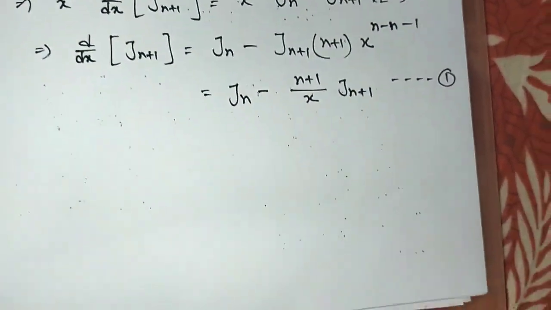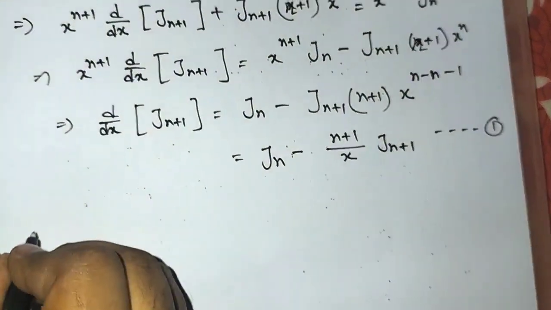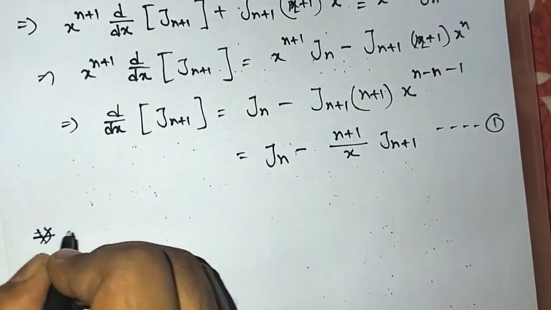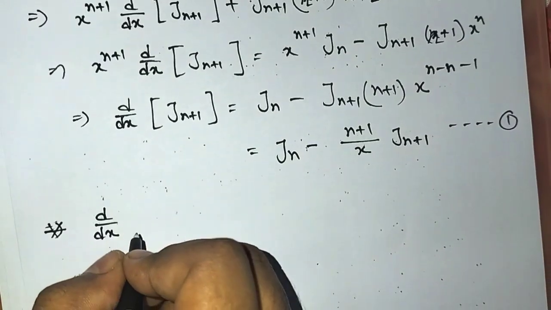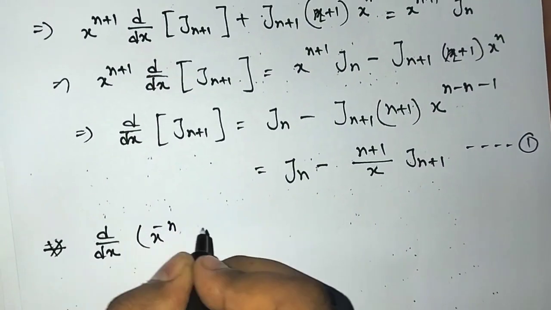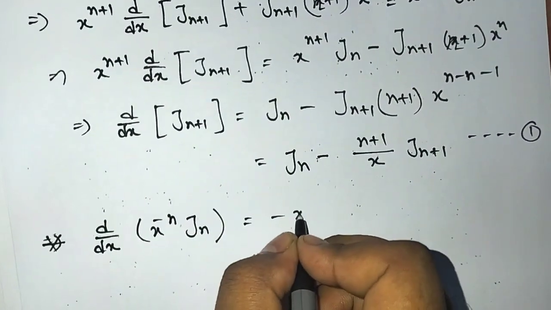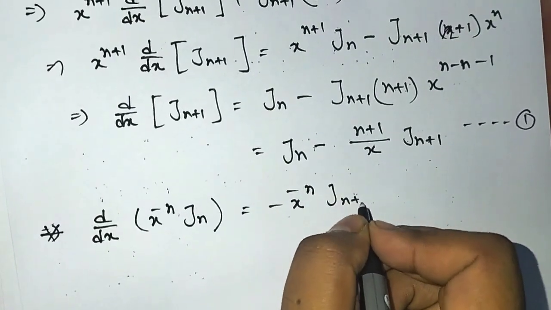Now again I am writing another recurrence relation. We know d/dx of x to the power minus n J_n equals minus x to the power minus n J_n+1. Clear?